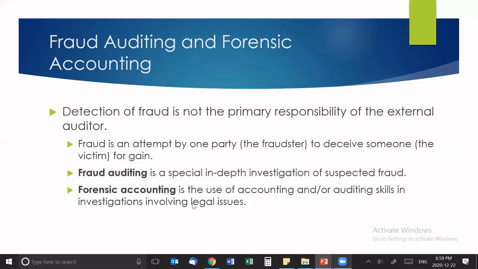All right, so then we have fraud auditing and forensic accounting. So an in-depth investigation of fraud isn't the primary responsibility of the external auditor. The external auditor looks at the financial statements as a whole, to make sure that they're reasonable.